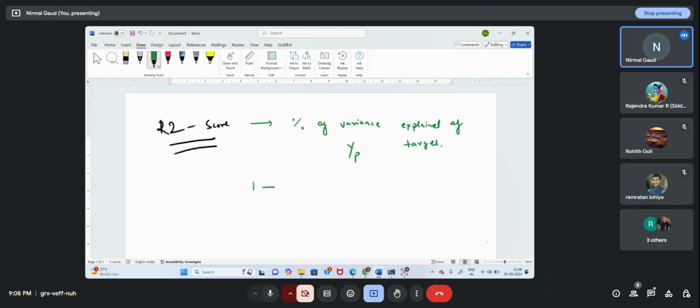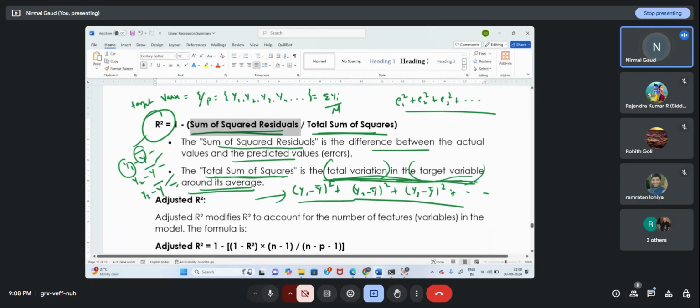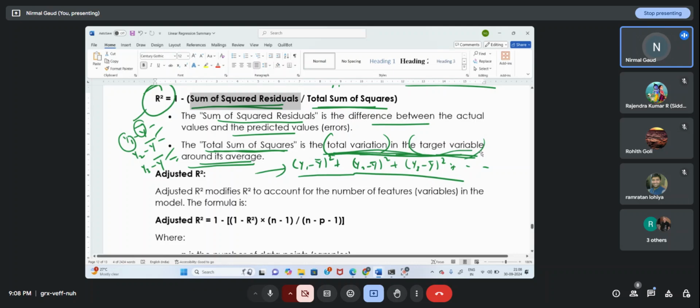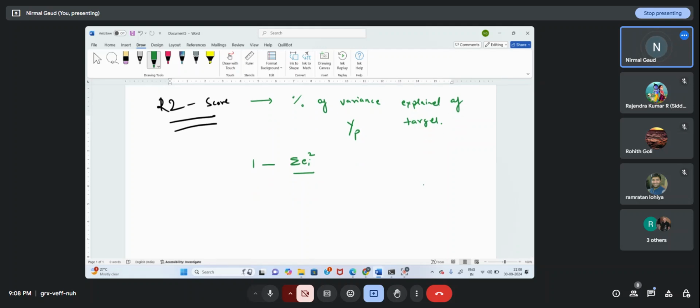Sum of squared residuals, so the summation of ei squared divided by the total sum of squares, that is the total variation in the target around its average. The formula, as I told, is the summation of the squares of variance, y minus y bar is variance only. So I'm just replacing it with variance.